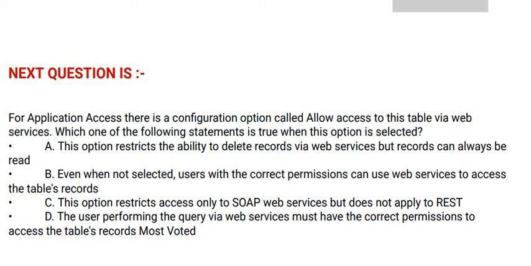Option B, even when not selected, users with the correct permissions can use web services to access the table's records. Option C, this option restricts access only to SOAP web services but does not apply to REST. And option D, the user performing the query via web services must have the correct permissions to access the table's records. And the correct answer is option D.